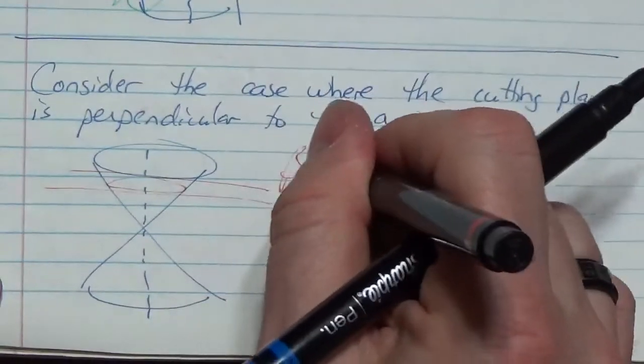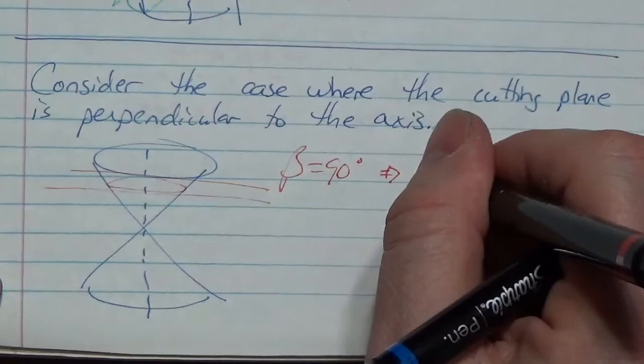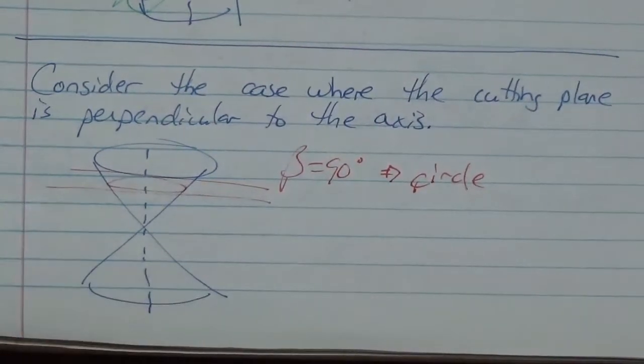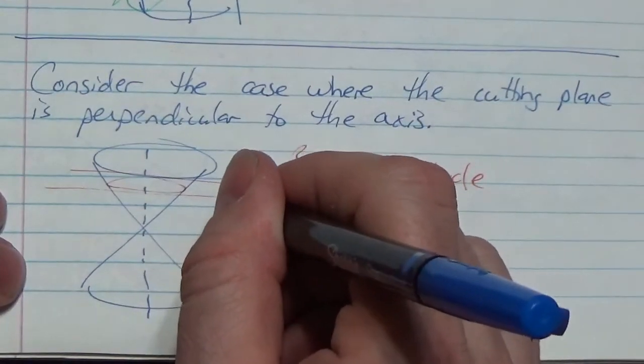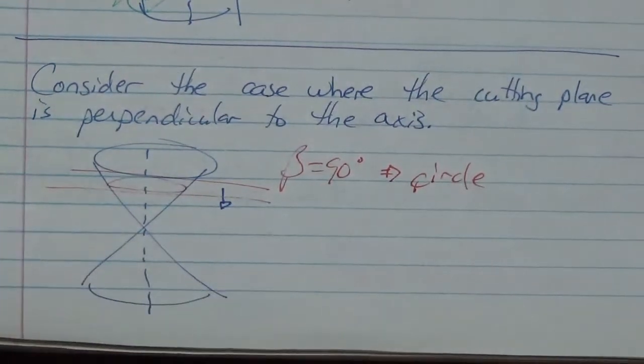So my beta here is 90 degrees, and I know that that is going to produce a circle. Now the question is, what happens to that circle as I take that plane and slide it down closer to the vertex?